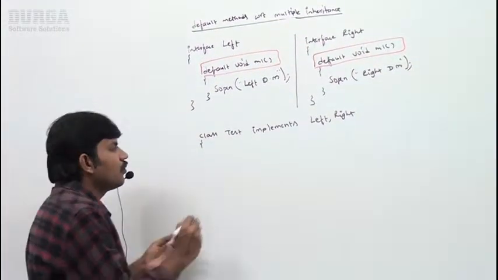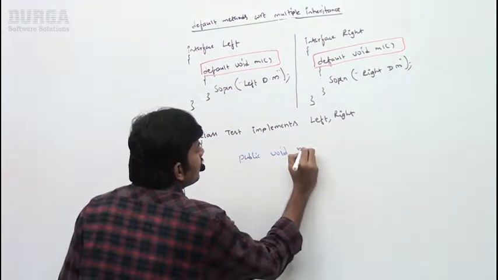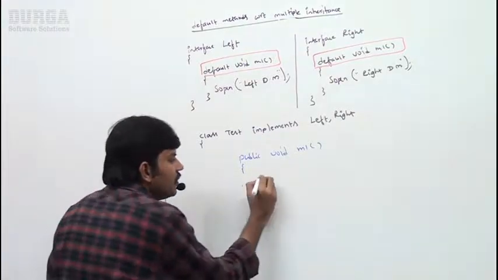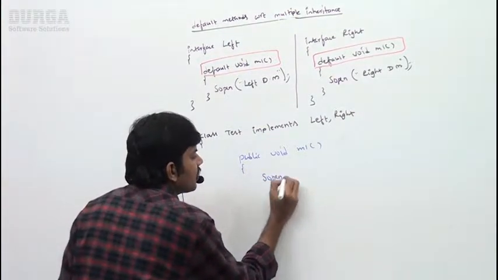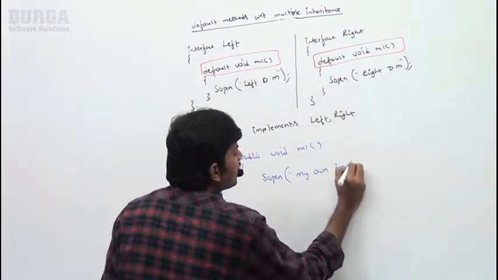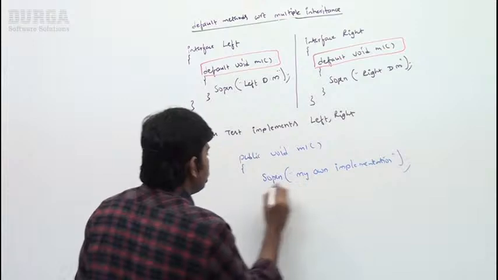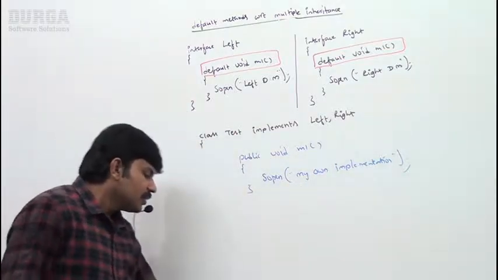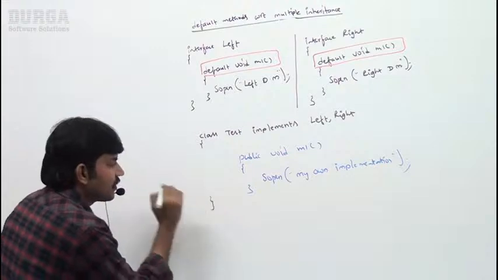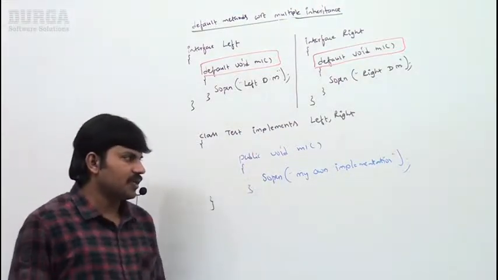Yes, boss, I want to override public void m1 method, with System.out.println my own implementation. Now I'm taking a completely different new implementation.